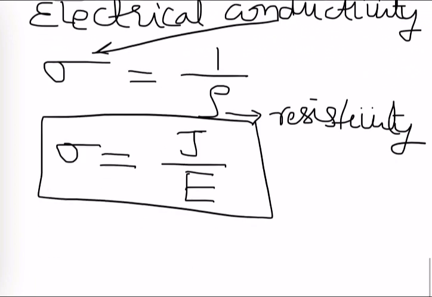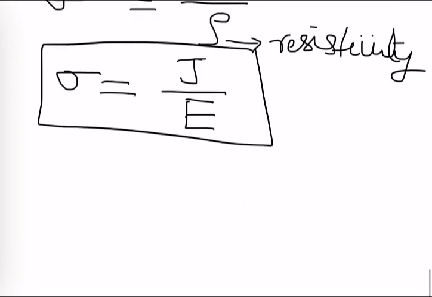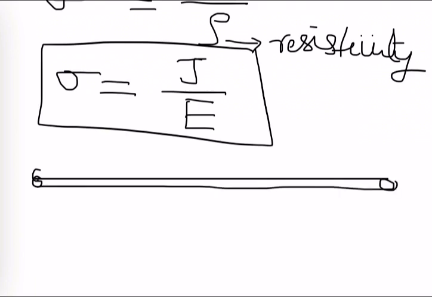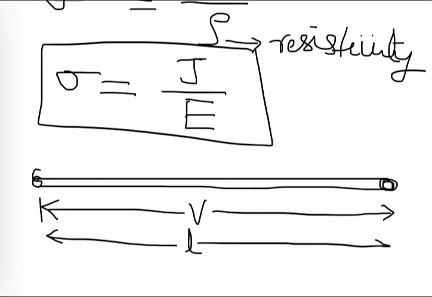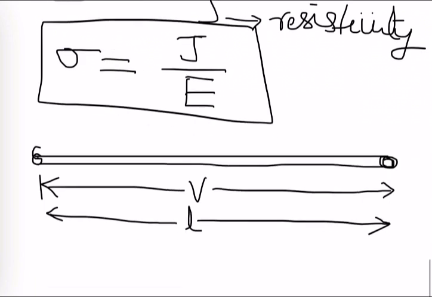Electric field you have studied in electrostatics, but what is the meaning of electric field in current electricity? For example, take a wire. Let the potential difference from one end of the wire to the other be V, and let its length be L. We define an electric intensity, because one end is connected to the positive terminal and the other to the negative terminal.